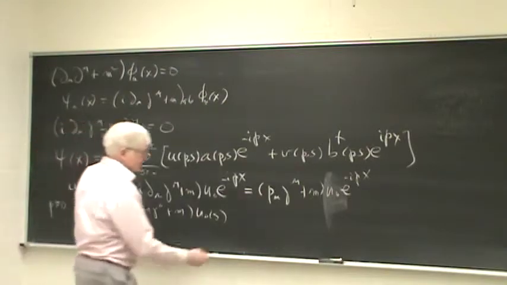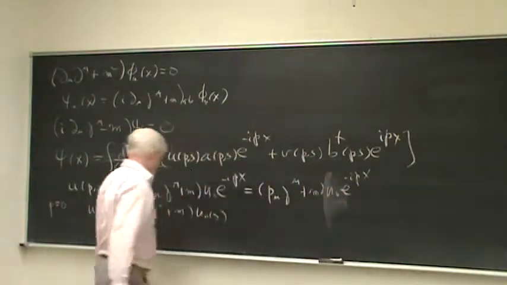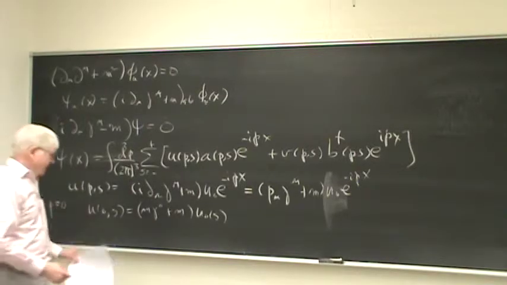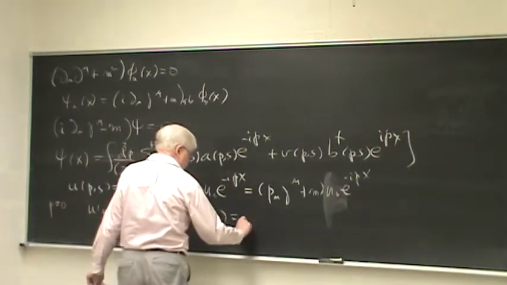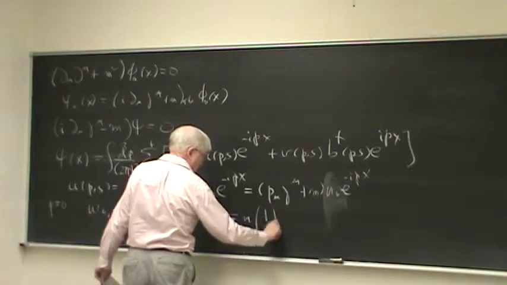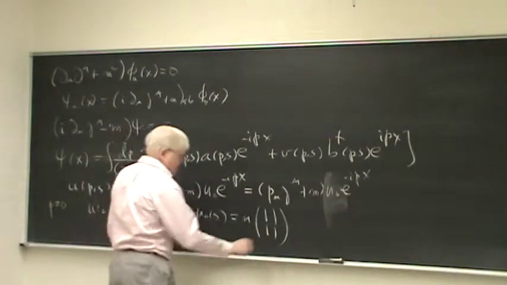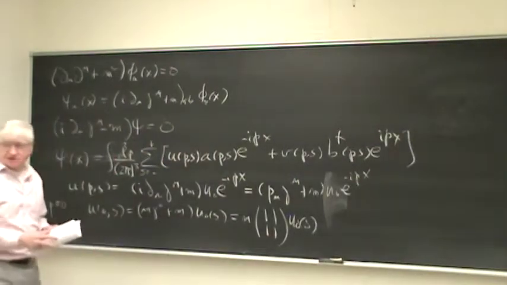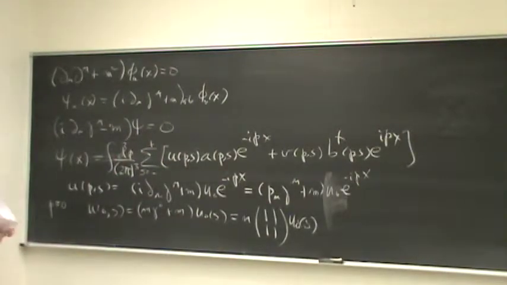I'm just concentrating now on the spinor part and not on the time dependence. So it looks like that. And now this matrix is just the matrix m times 1, 1, 1, 1, times some u0(s). Any questions?